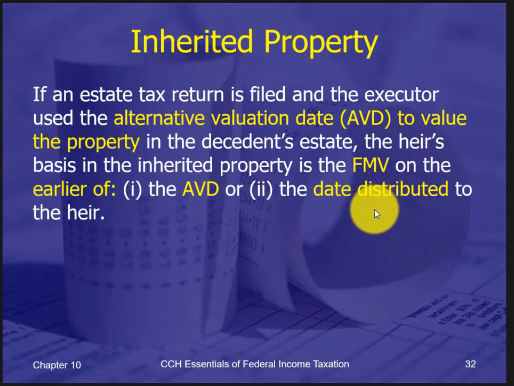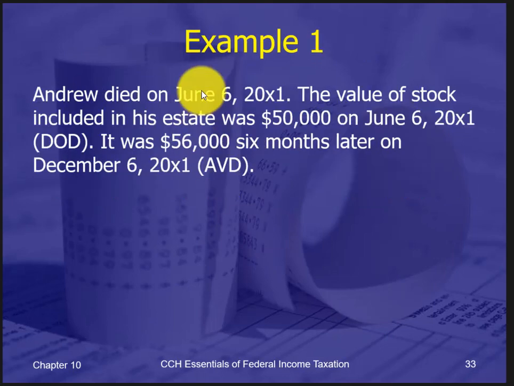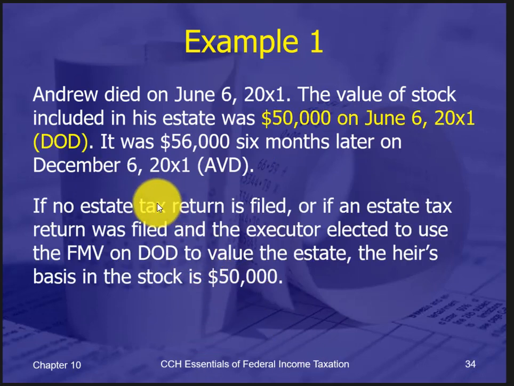Okay. All right. So this is an example: value of the estate was $50,000 when they died, 6 months later on December 6th. Okay, no estate tax return, then it's this value, or if you choose that date.